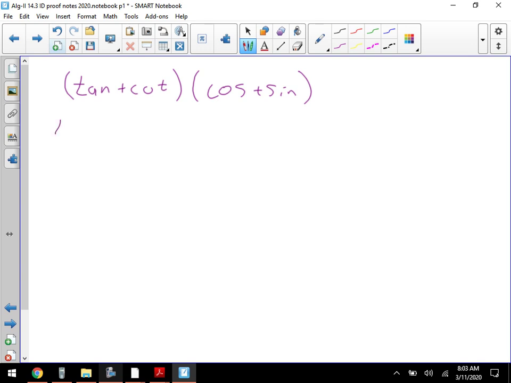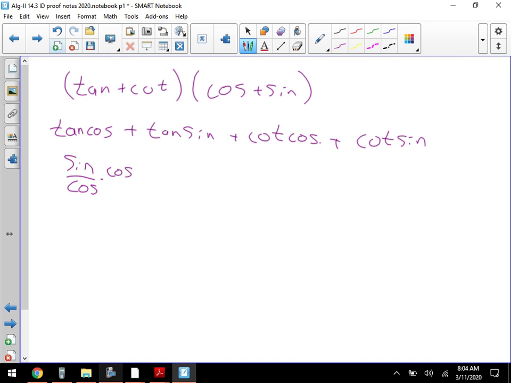Let's see, I get tangent cosine, tangent sine, cotangent cosine, and cotangent sine. After I do that, I'm going to rewrite everything in sines and cosines. Okay. So this is sine over cosine times cosine, sine over cosine times sine, cosine over sine times cosine, and cosine over sine times sine.